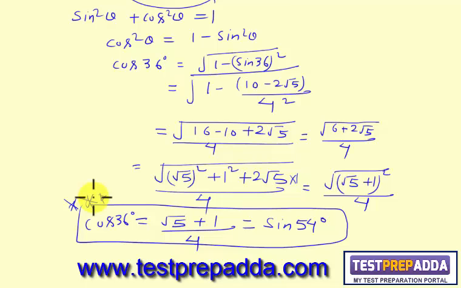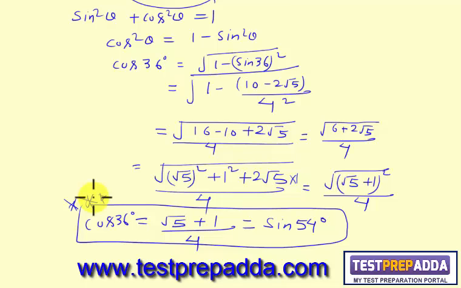Okay, now we know sine 18 degree, we know cos 18 degree, we know sine 36 degree, we know cos 36 degree, we know sine 54 degree, we know cos 54 degree. By dividing sine theta with cos theta, we can get tan values.